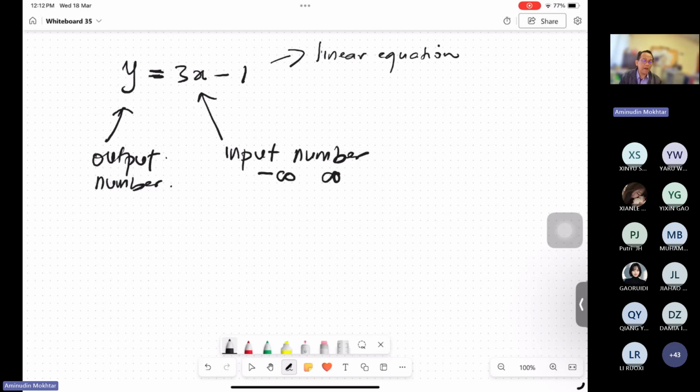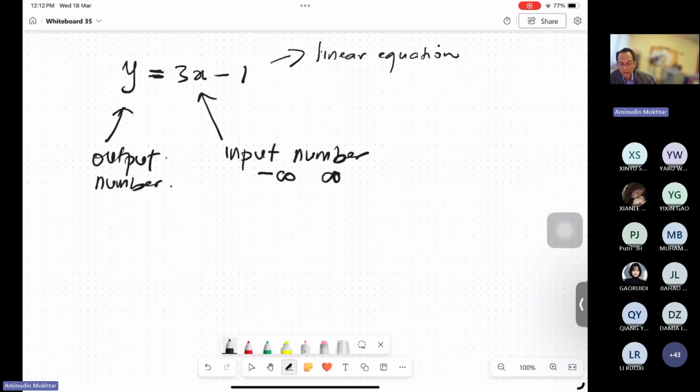But in some cases, x can only take a certain number, a certain range, subject to the structure of the equation. But in general, x can take any number. So the value of y depends on x. This is the input and output by definition.